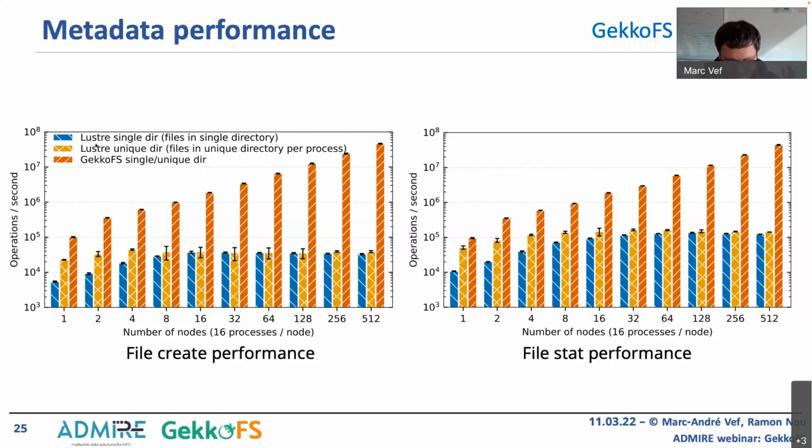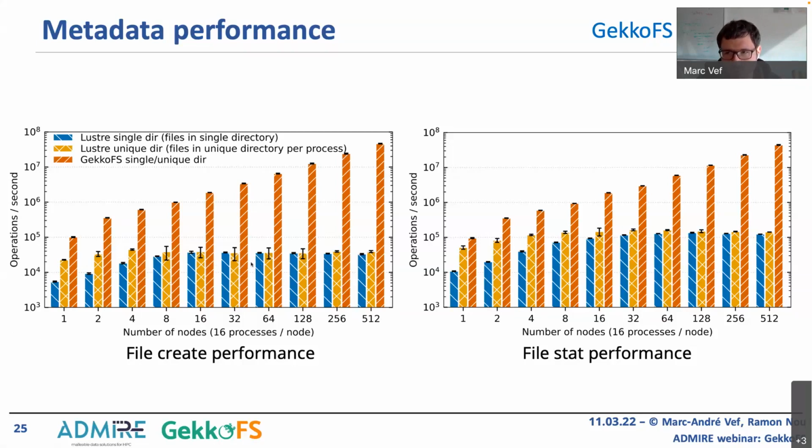This is basically coming back to the whole locking problem. If you have multiple processes operating on the same directory, you get locking issues, and then you basically get lower performance. You see this here specifically in the beginning when you run all of these processes in a single directory. You get much lower performance than you would with a directory per process, right? But in the end, the more nodes you get, at some point it just saturates.